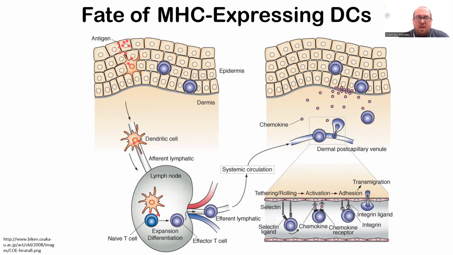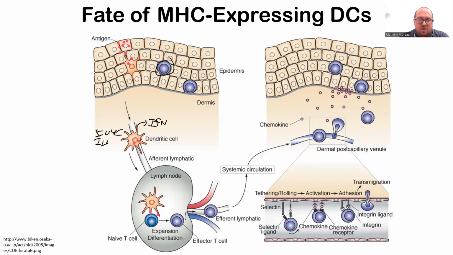So MHC expressing dendritic cells, as we talked about before, reside in the tissue with other monocytes such as macrophages. When they are expressing MHC class 1 or MHC class 2, they're going to produce certain cytokines, including pro-inflammatory cytokines like interferons and canonical cytokines like IL-12 and IL-6.